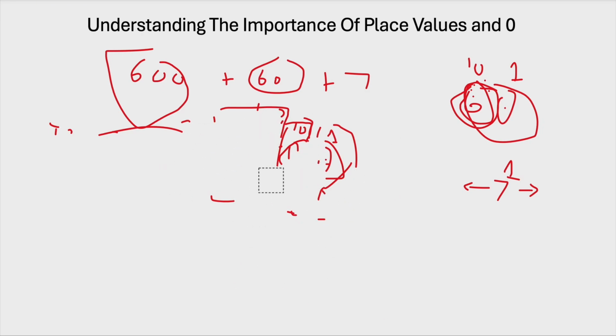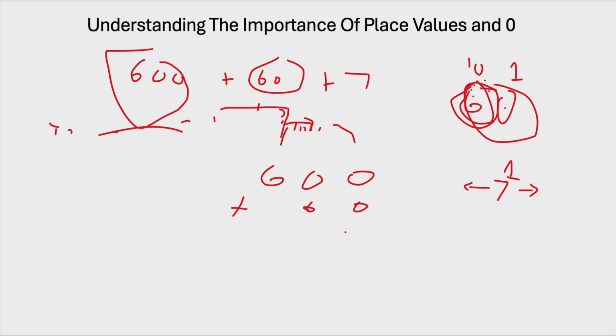Now that we know where all these numbers go, we can add them up. 600 plus 60, and we'll do this one first. 600 plus 60: 0 plus 0 is 0, 0 plus 6 is 6. Now, what would you do over here with this blank space?